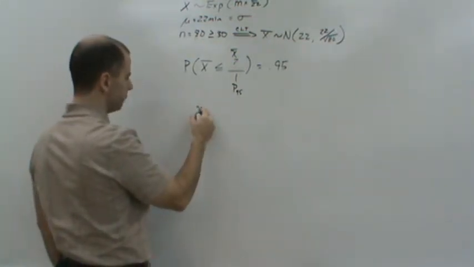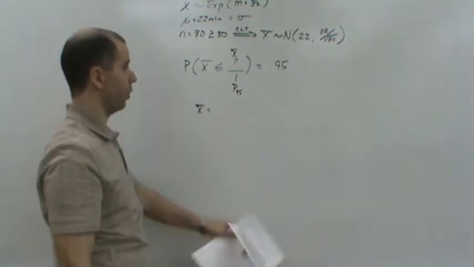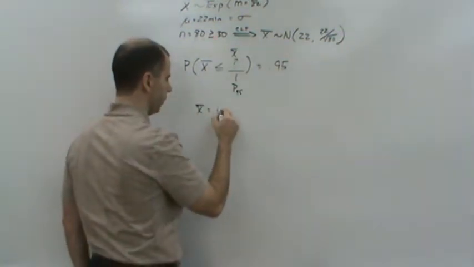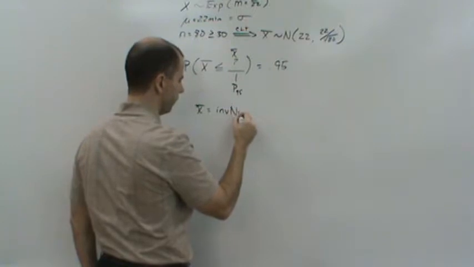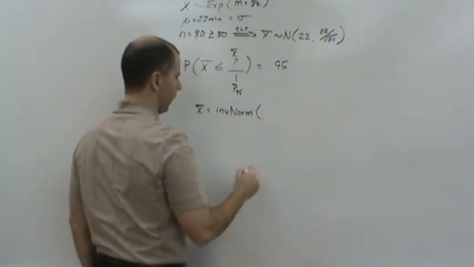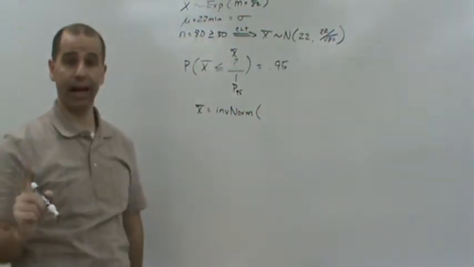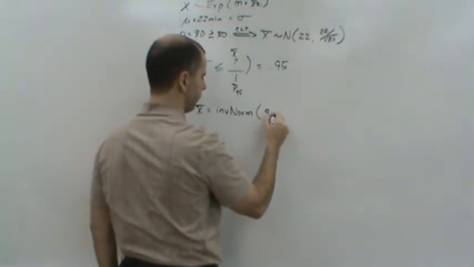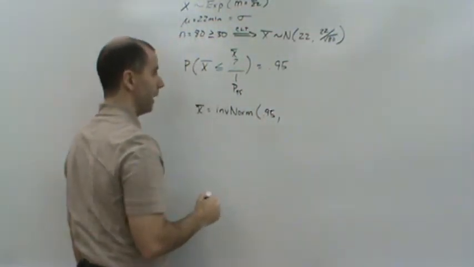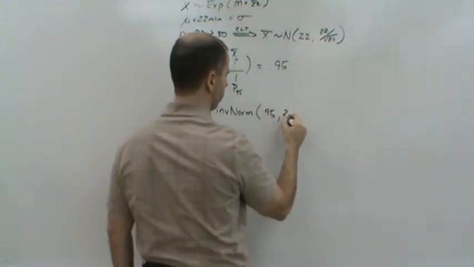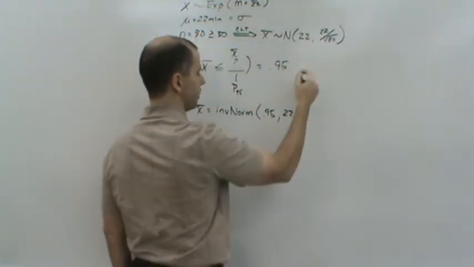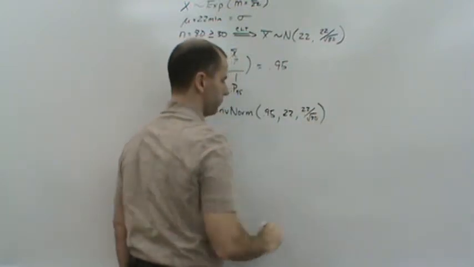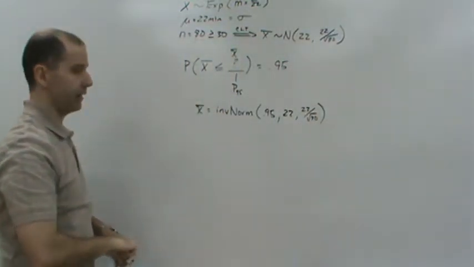So again, since we know it's normal, we're going to use inverse norm. And the first thing we're going to put in is the area to the left, in this case 0.95, followed by the mean, which is 22, followed by the standard deviation, which is 22 divided by the square root of 80. Okay, and then we're done.